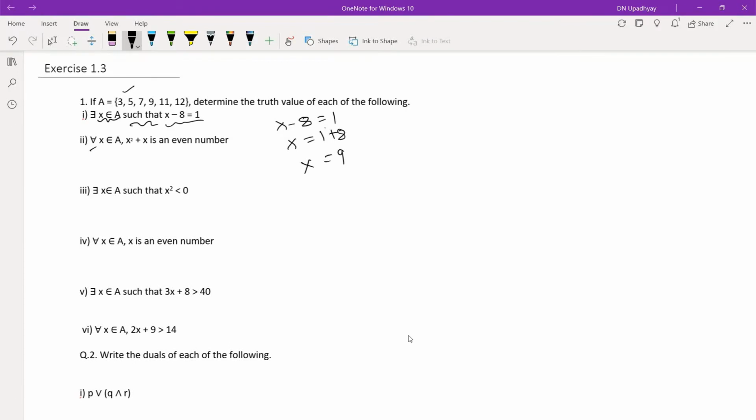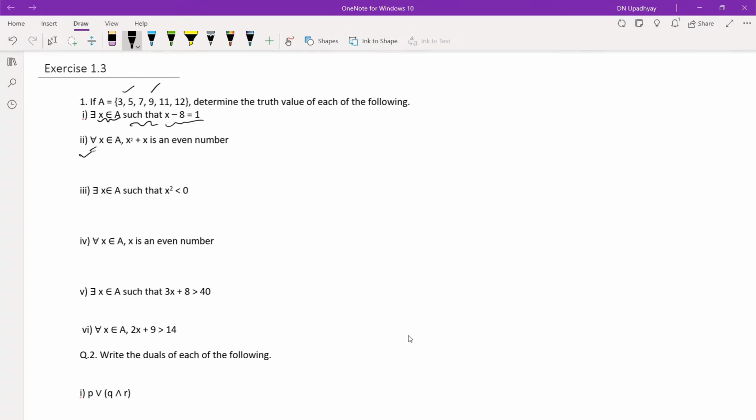So if you look at this, 9 belongs to A, it is true, right? 9 is in A, in the set A, 9 belongs. So we can say that yes, it is true, this given condition is true. Therefore, the truth value is T. So the truth value of this question number 1 is T.